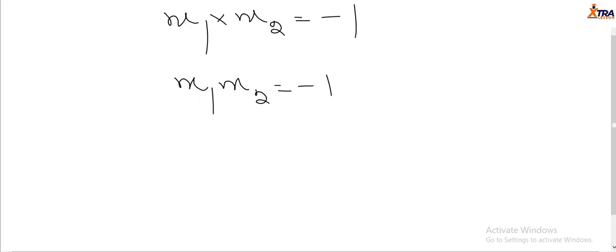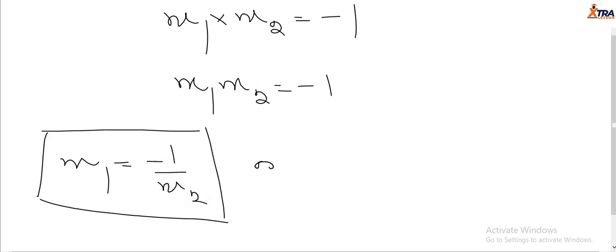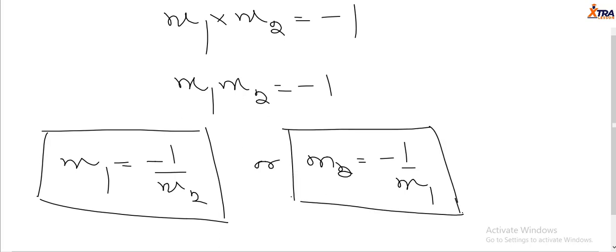So if you make M1 the subject of the formula, we have M1 equals -1 over M2, or if you make M2 the subject, we have -1 over what? M1. So M1 equals -1 over M2, and M2 equals -1 over M1.